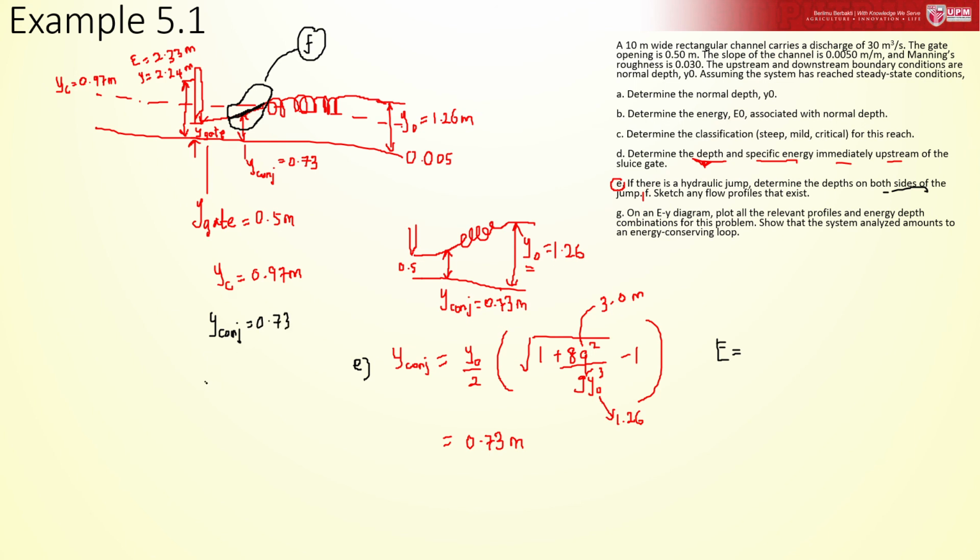Since y conjugate is less than YC, if you refer to figure 5.3, then you will know that this is an M, mild reach, and mild reach number 3.